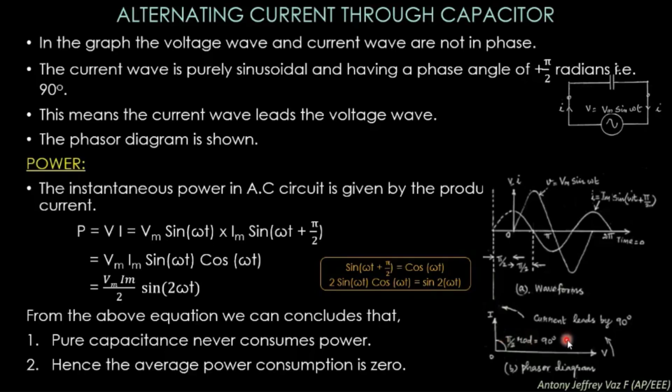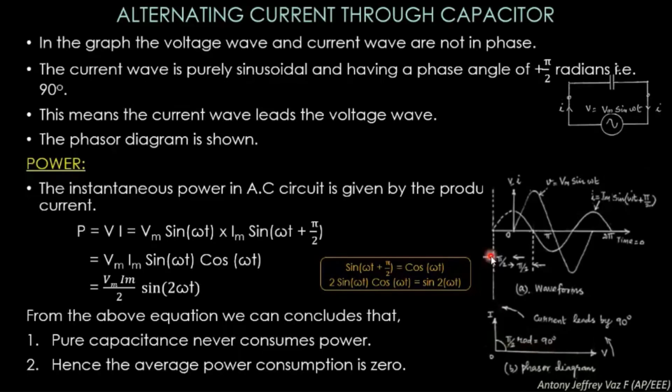Similarly, this is the phasor diagram for the above representation of the graph. In this phasor diagram, you can see the voltage wave is present in phase, and the current wave is leading the voltage wave by an angle of plus 90 degree.